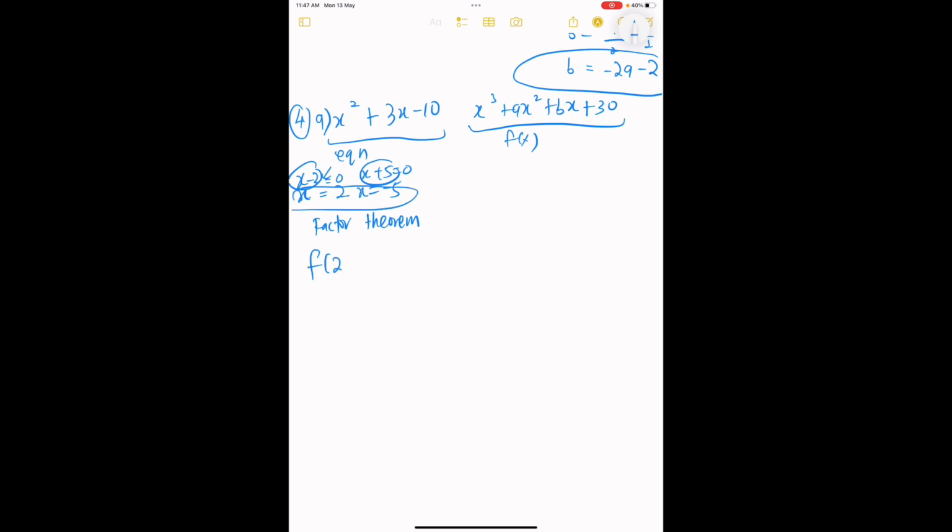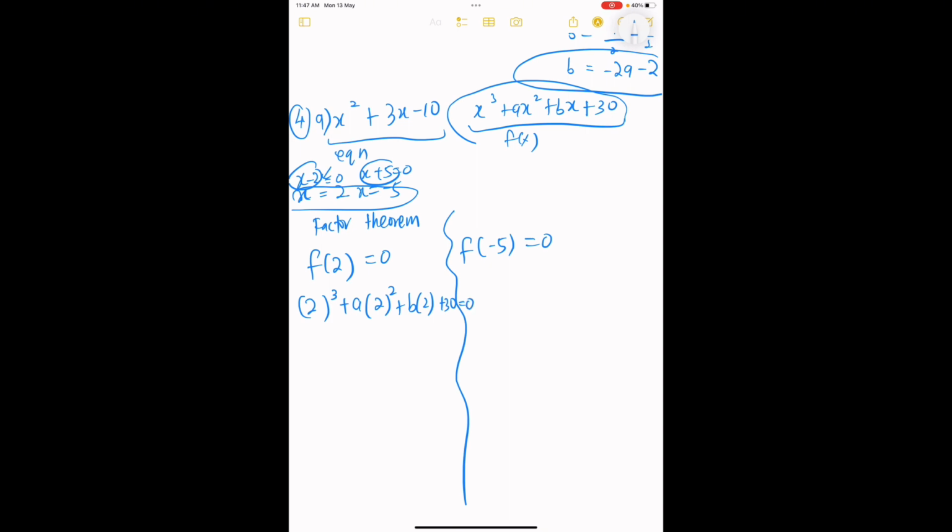So f(2) equals 0 and f(minus 5) equals 0. So you will have two steps to do, meaning that you need to put inside the original f(x) here, and you change the value of x to 2. So x is 2, a times 2 squared plus b. Change all x to 2. Okay.